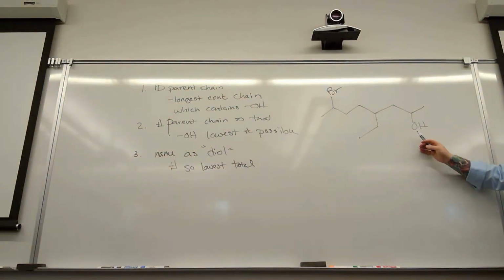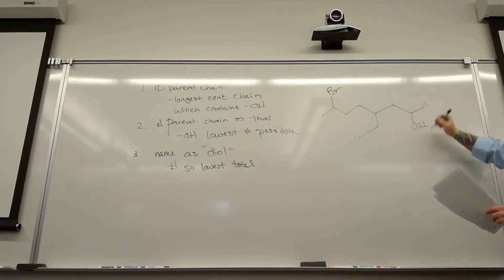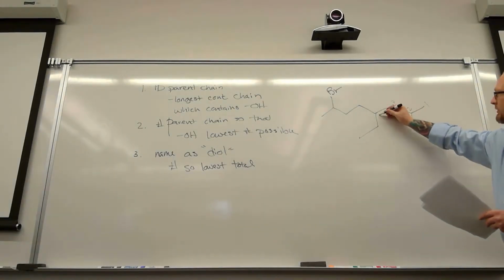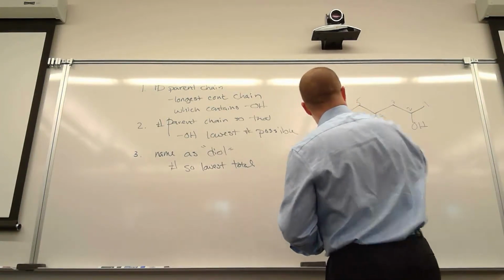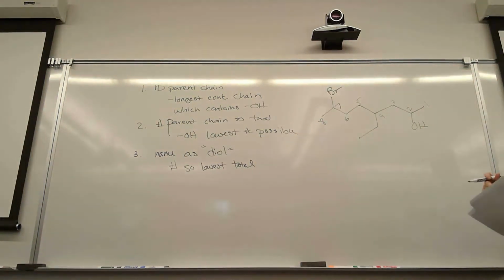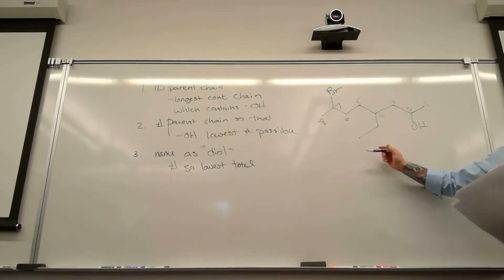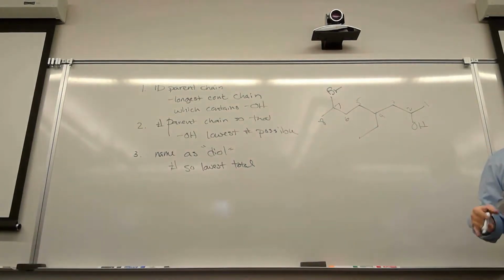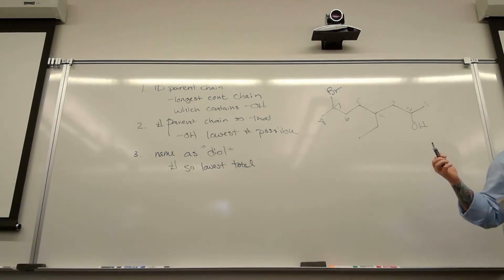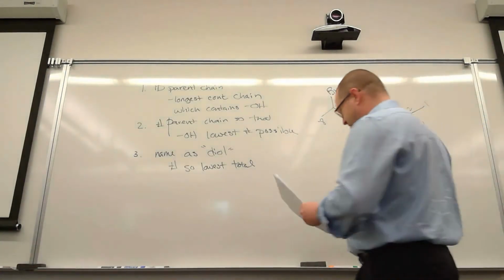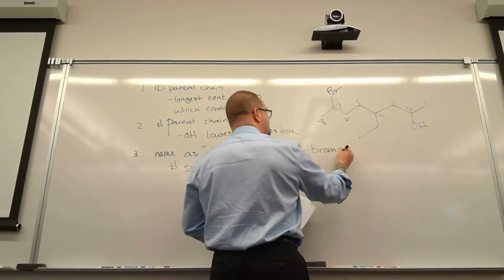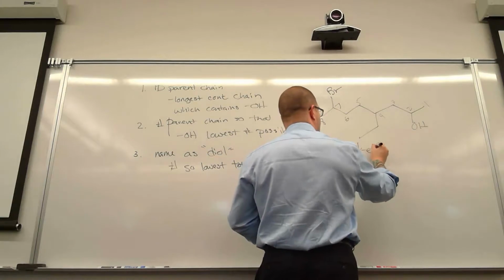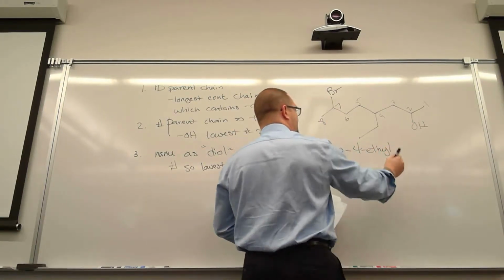So we're going to number from the side with the functional group for the longest chain. So we're going to have an octanol, and that'll give us a 4-ethyl and a 7-bromo. Which one comes first alphabetically? Bromo. So this will be 7-bromo, 4-ethyl.